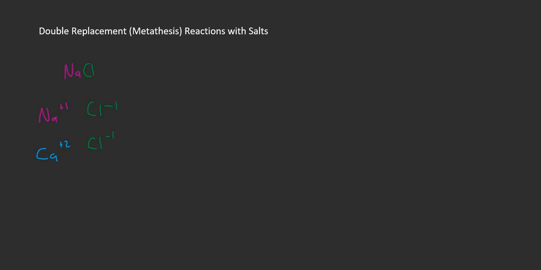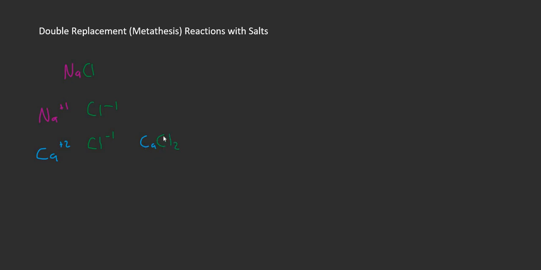So our final product would be CaCl2, because we have 1 calcium, and typically when you only have 1 ion in a compound, we just don't write the 1, we just leave it.